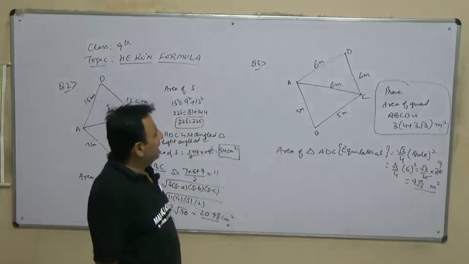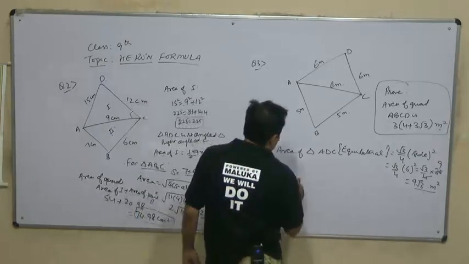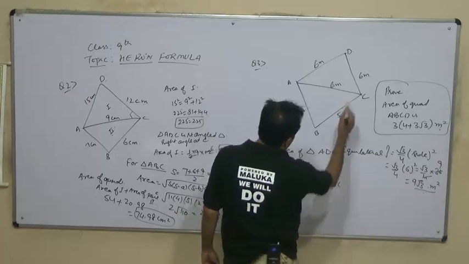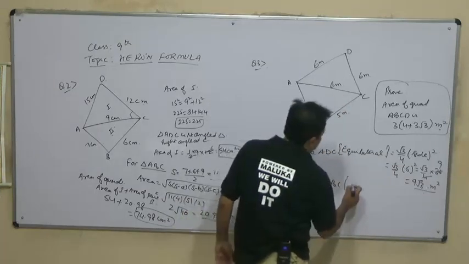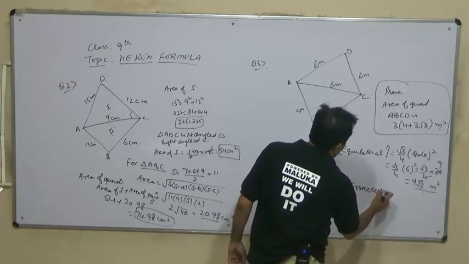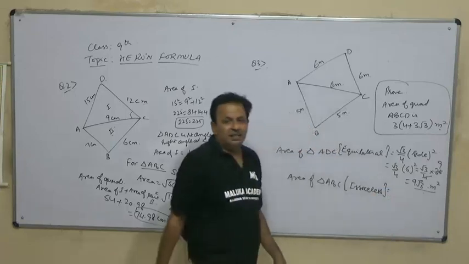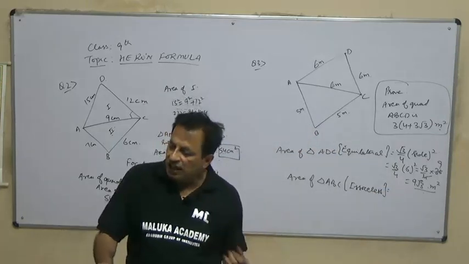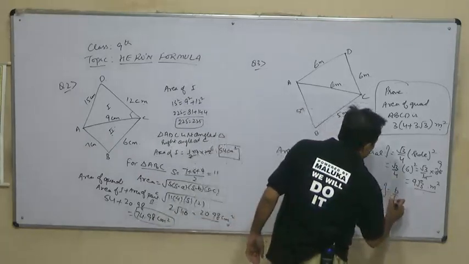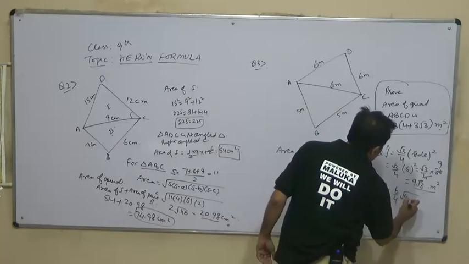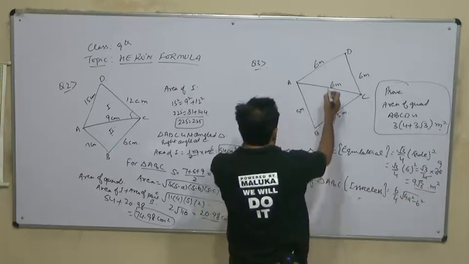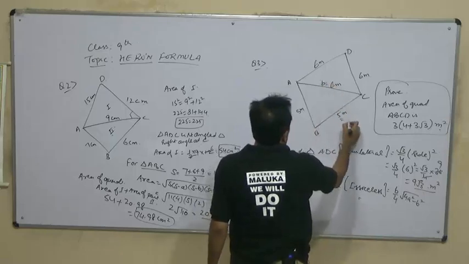Now for the area of triangle ABC. What kind of triangle is ABC? This is an isosceles triangle. For an isosceles triangle, we did the formula in the previous lecture also, in the first part, that is given by b upon 4 under root 4a square minus b square. So here what is the value for b? This will be your b and this is your a.